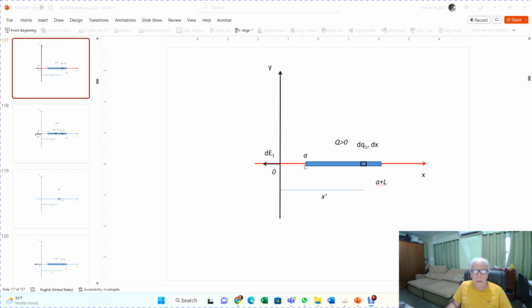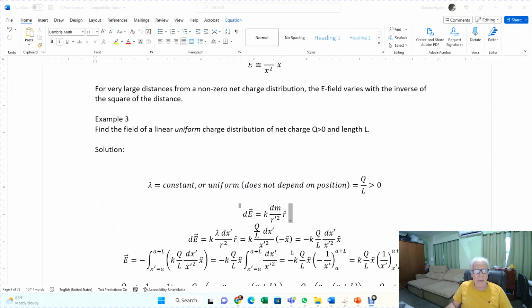To distinguish the coordinates related to the points along the rod from the coordinates in the whole space. We usually do that to solve this problem. So here you go.